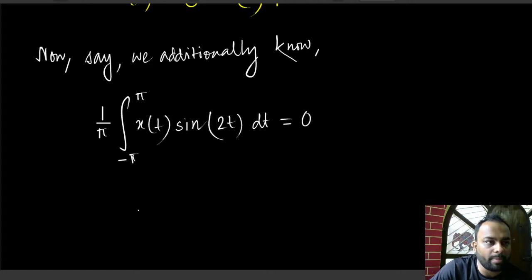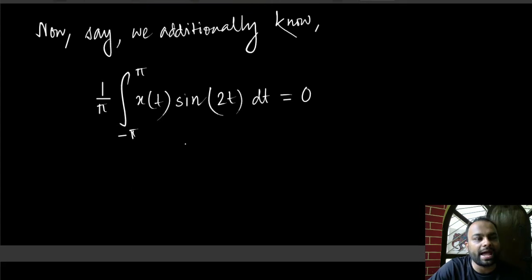Somehow we carried out this integration and we got some additional information on xt. Now if we have this information in addition to the previous information, what can I now say?